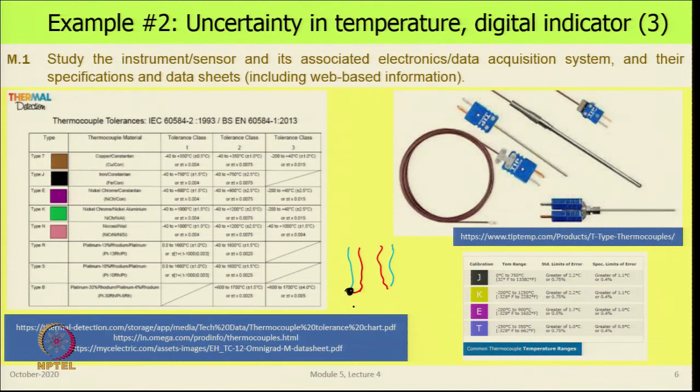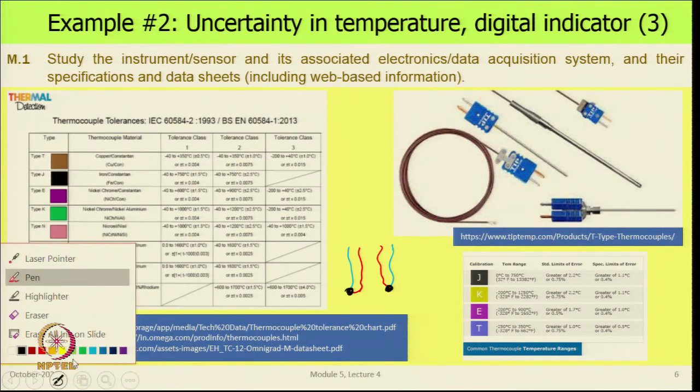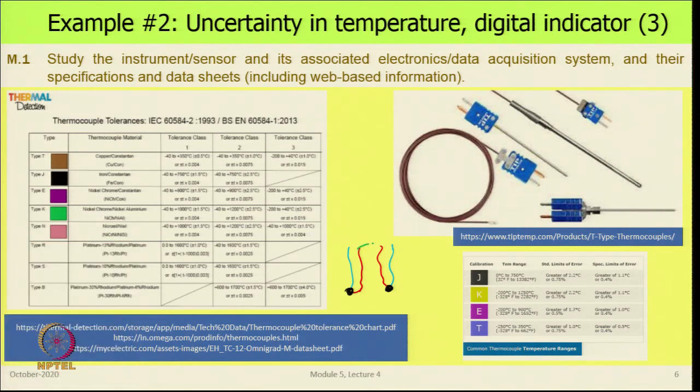It looks like a small bead, and we fuse this also. And then we make the electrical connection, that we connect these two either directly or through a common wire, and then we connect these two to an indicator which tells us the voltage.